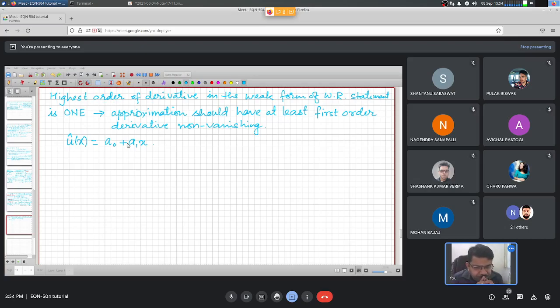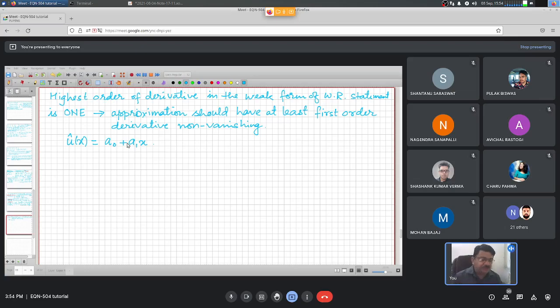First of all, it may be such that for some problems even the exact solution will be a first degree polynomial. It can be possible that the weak form and strong form will lead to identical solutions. That of course depends on the loading condition, the loading pattern. But the weak form, the weighted residual statement, includes the exact solution as one of the possibilities.